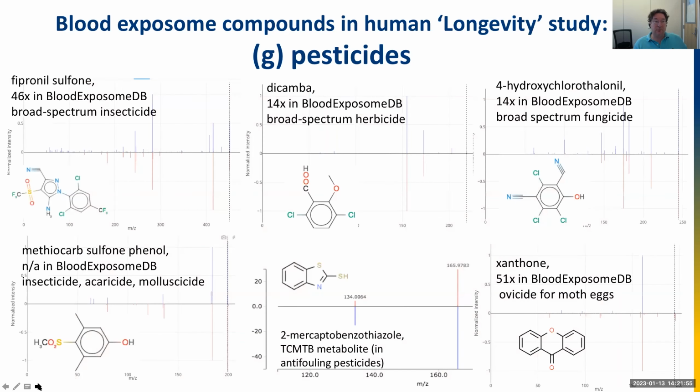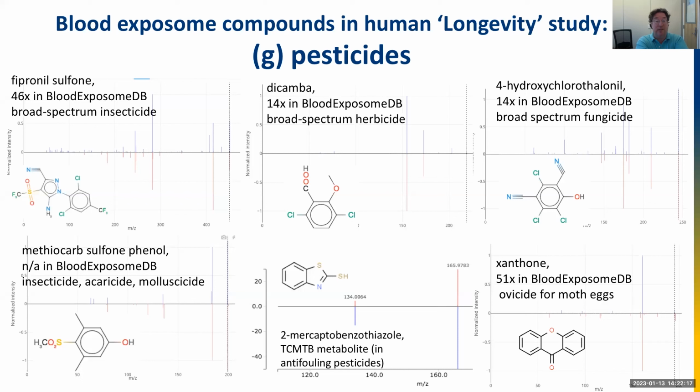plasma. We see surprisingly also a number of pesticides, like fipronil sulfone, which is a broad spectrum insecticide. Dinesh Baropal made a database called the blood exposome database. It's actually 46 times found in the blood exposome compound.